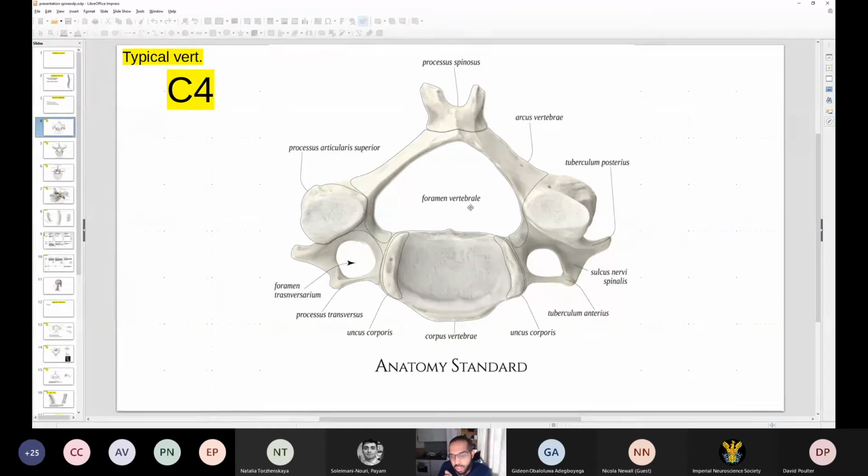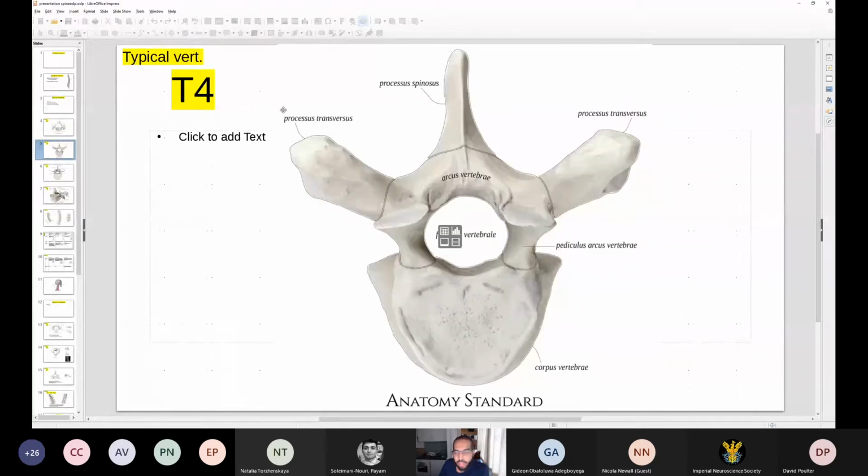Another feature is the body. It's more of a rectangular shape and it's small in size, right? So these are the main features of a typical cervical vertebra.